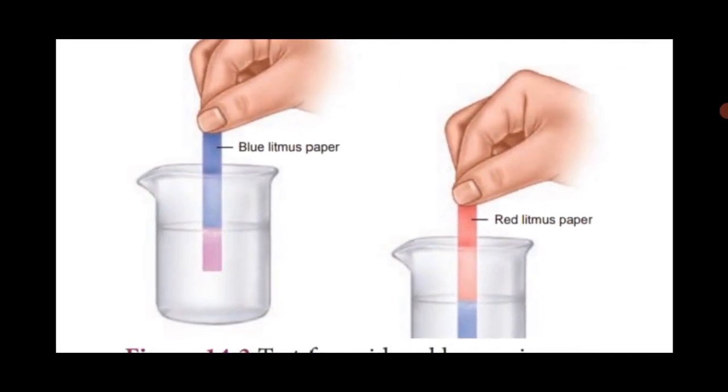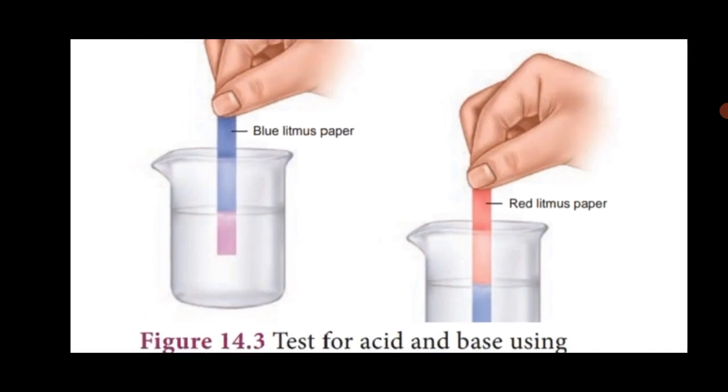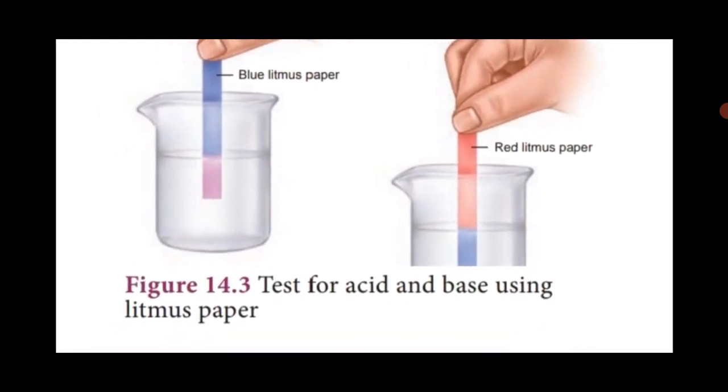The blue litmus paper dipped in acid changes into red color, so the substance is called acid. The second beaker contains base. Red litmus paper dipped in base changes into blue color. So we can easily identify acid and base using litmus paper.